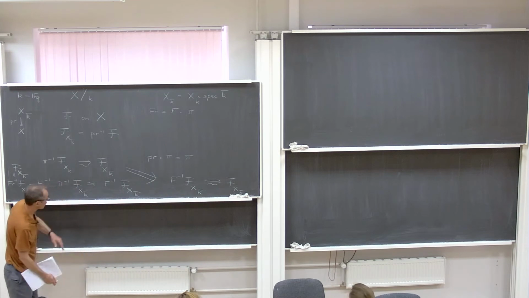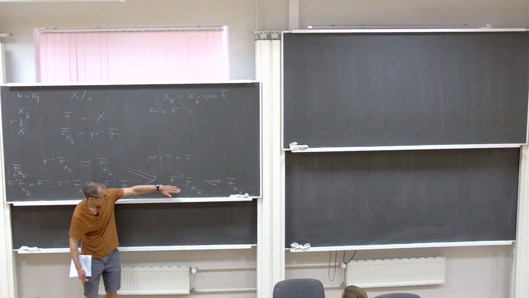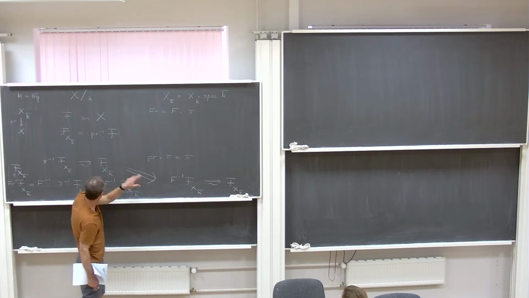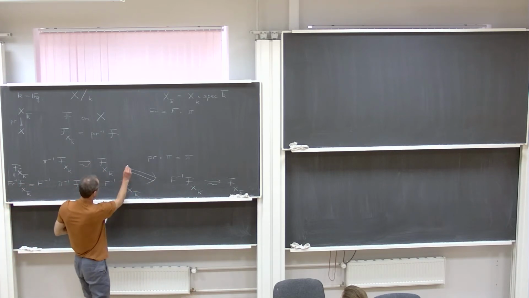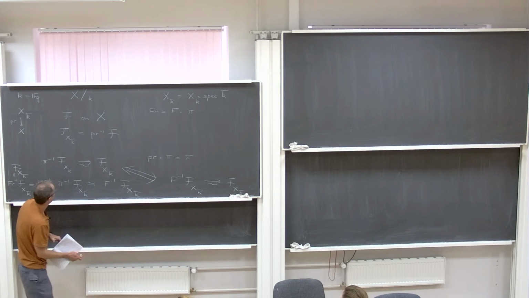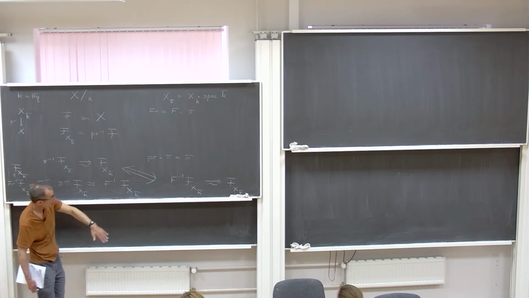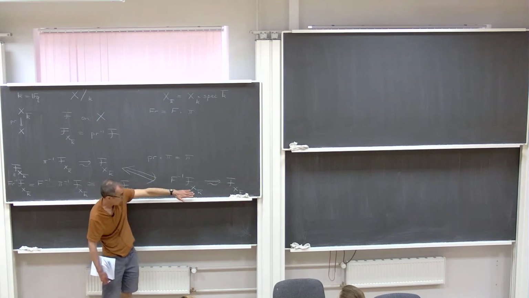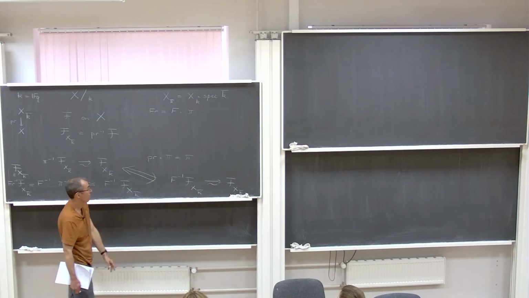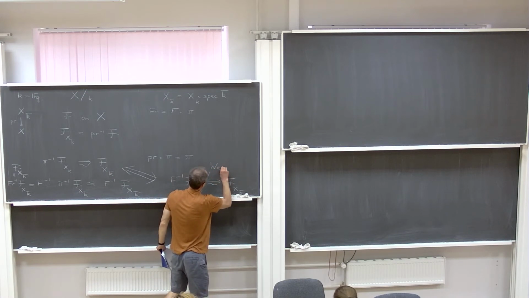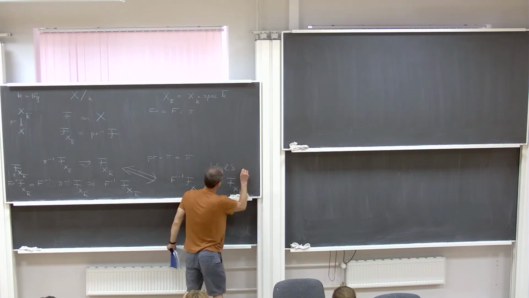So vice versa, if you are given this isomorphism, then you can apply pi inverse to this and derive this. So these two structures, a sheaf on X_k bar with this structure, is the same as the sheaf with this structure. This is called the Weil structure.